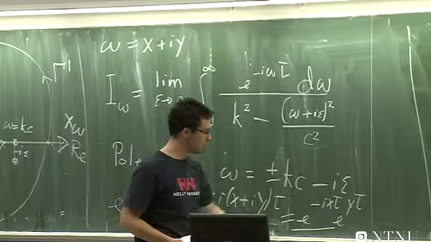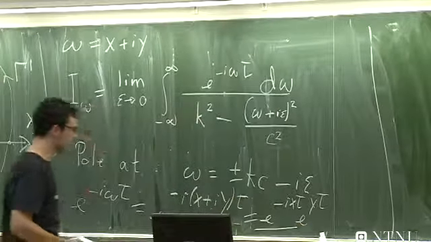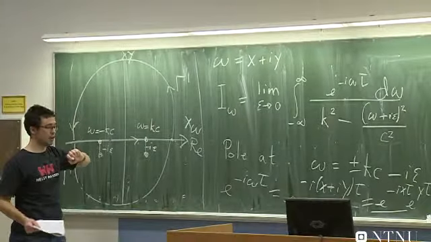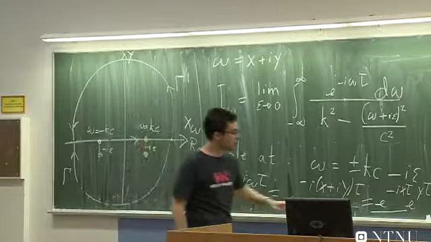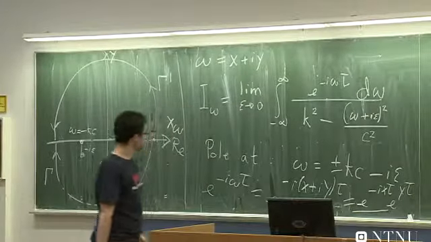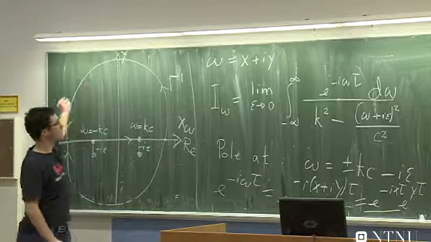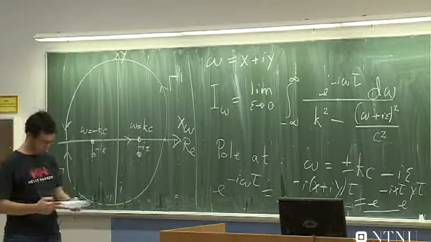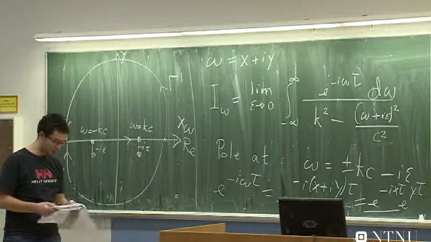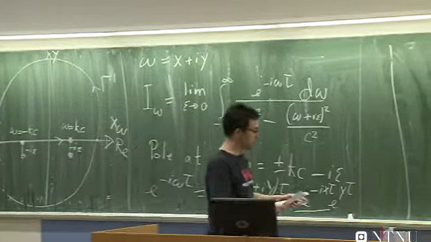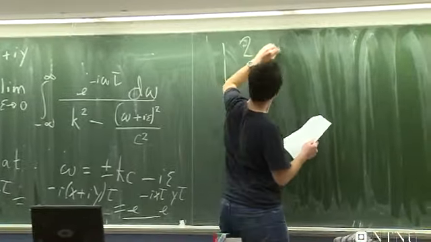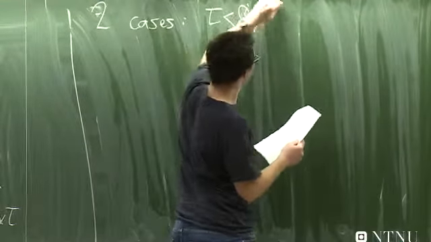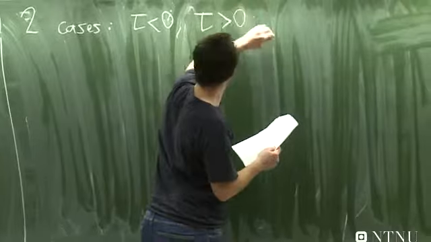And then when I go into the complex plane, I have to make sure to take the detour which gives me an exponential decay here, because then this arc integral vanishes. So I need to go up or down depending on the sign of tau. So there are two cases to solve the integral for: tau less than 0 and tau greater than 0.